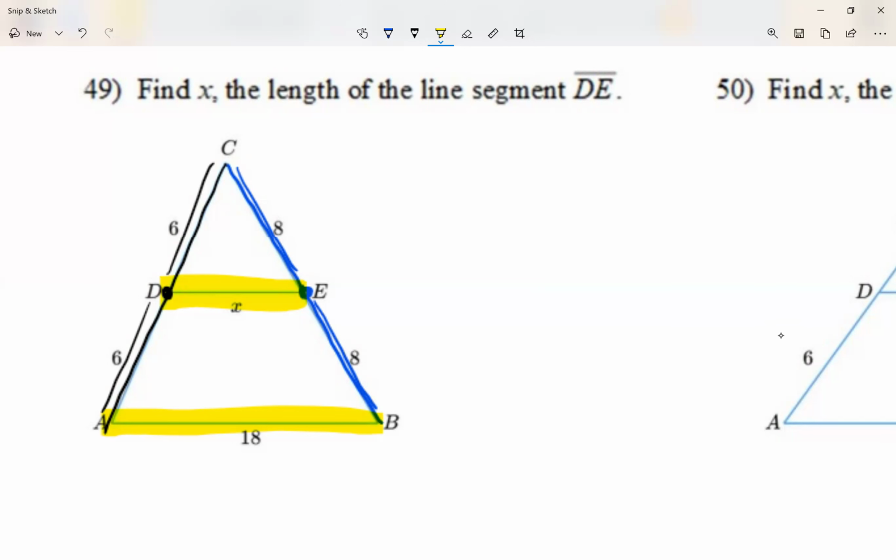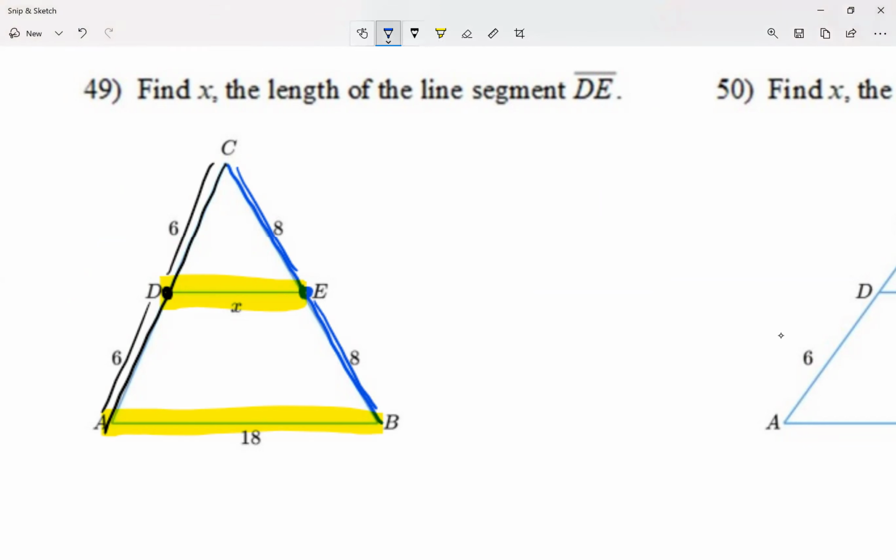Now, the interesting part is that the mid segment, the one in the middle, if you multiply it by 2, you get the big segment. Let me say that again. When it comes to medians or mid segments, same thing, different name, the mid segment multiplied by 2 equals the side that is parallel to it.